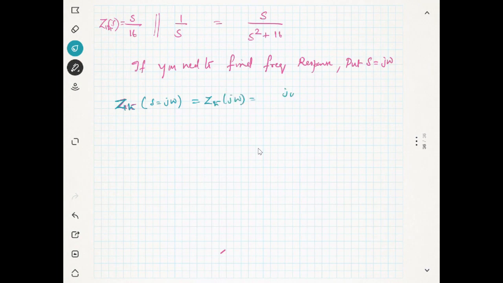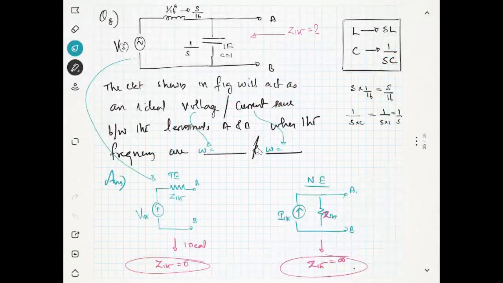S is actually sigma plus j omega. But we are not interested in sigma, because sigma is the amplification or attenuation part, and we are interested only in the frequency, because our question is at what frequency.